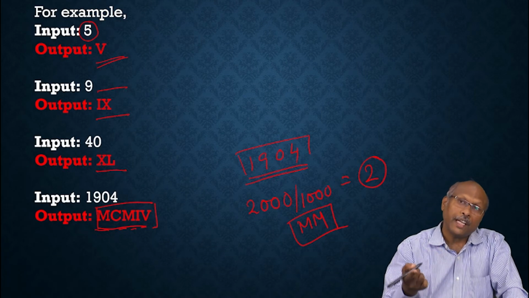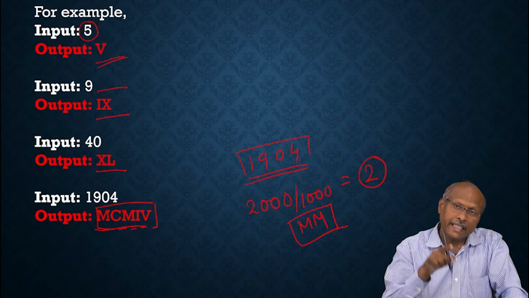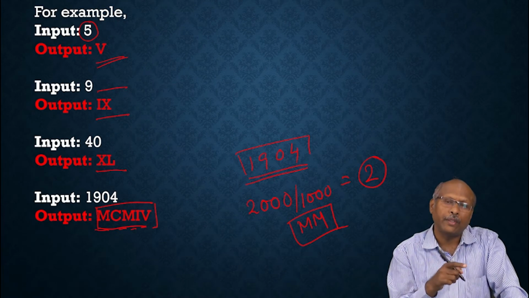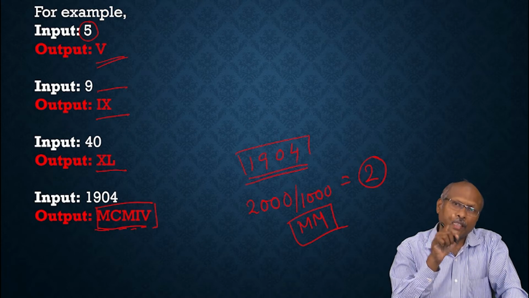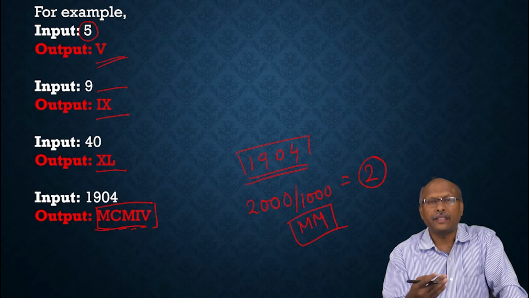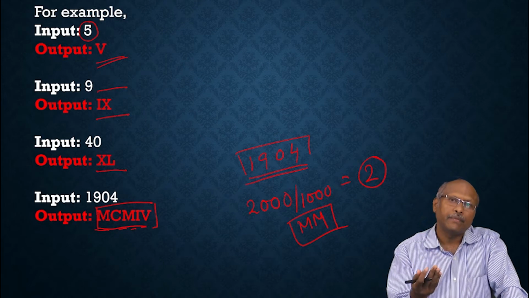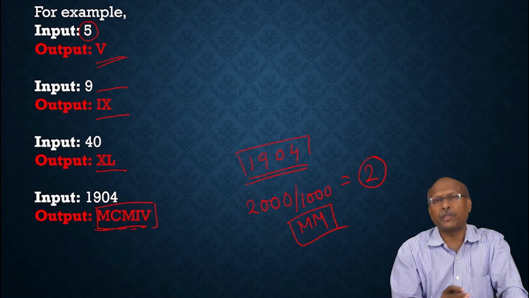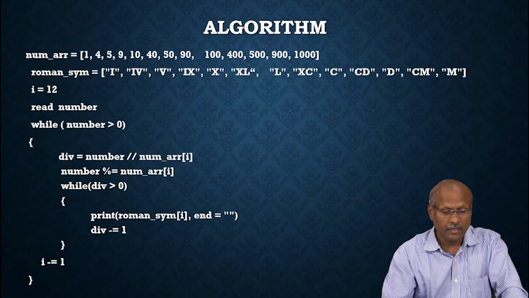So while converting an integer into Roman, first you divide by the highest Roman value, which is 1000, that is M. Then you try 900, then 500, then 400. You have to go from the highest value to the lowest value.